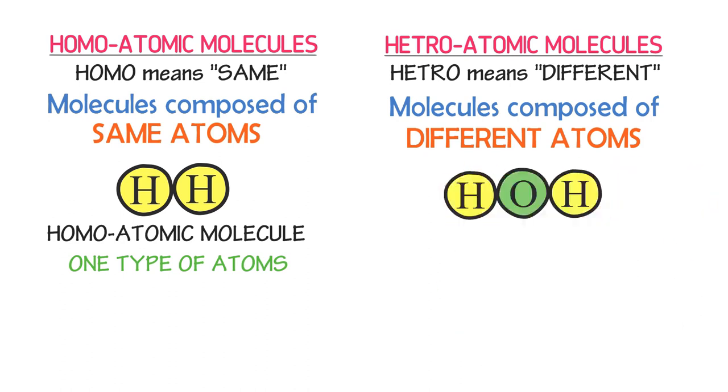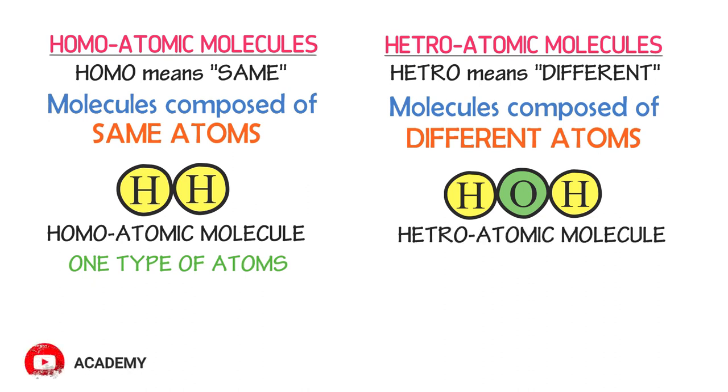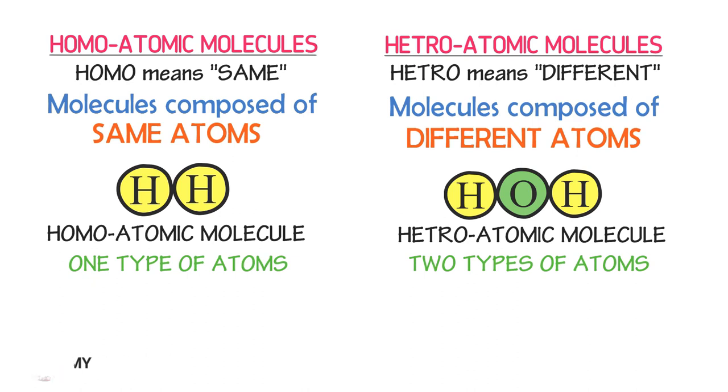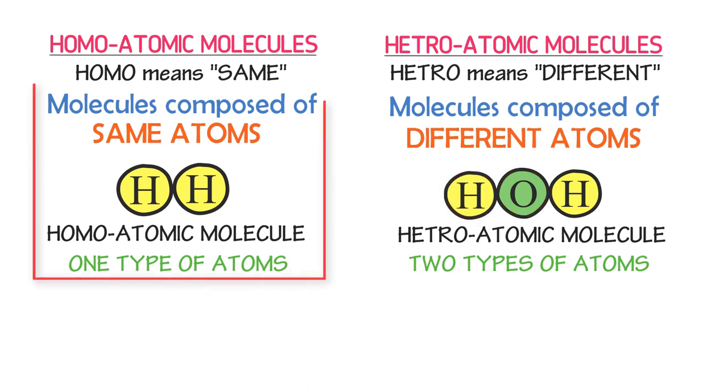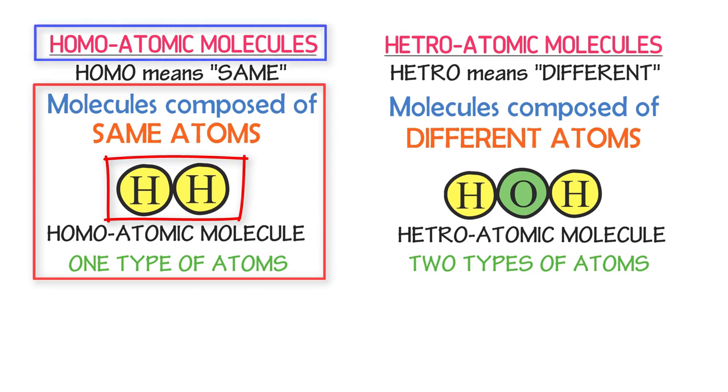Consider a water molecule. It is a heteroatomic molecule because it is made up of two types of atoms, hydrogen and oxygen. Thus, remember that if a molecule is composed of same atoms like this hydrogen molecule, we call it a homoatomic molecule.